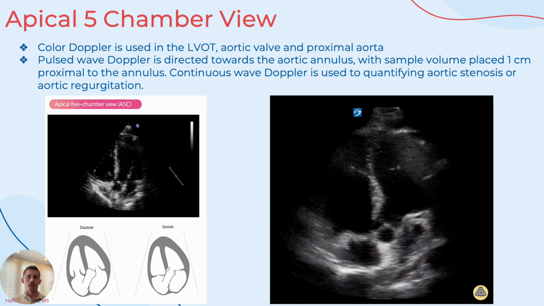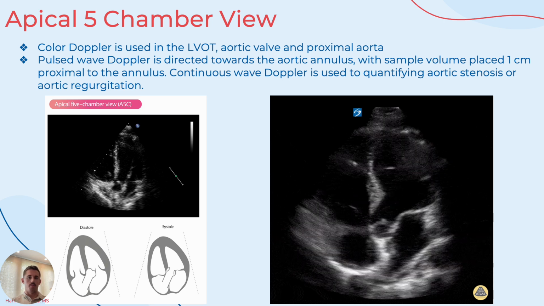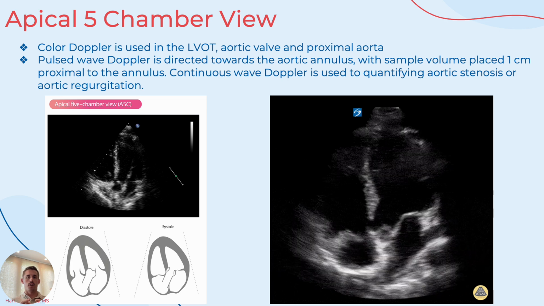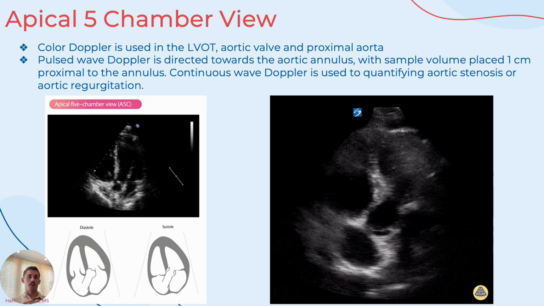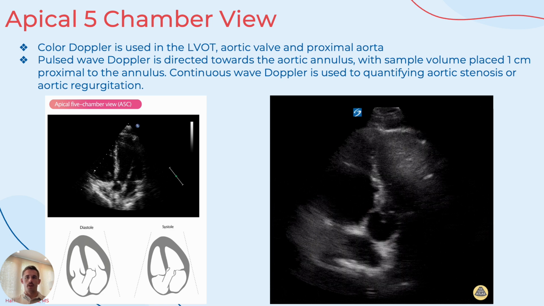We can use color Doppler in the left ventricular outflow tract, aortic valve, and proximal aorta. All of those leaflets should be coapting so that there shouldn't be color during either systole or diastole, whichever one is relevant to that valve.